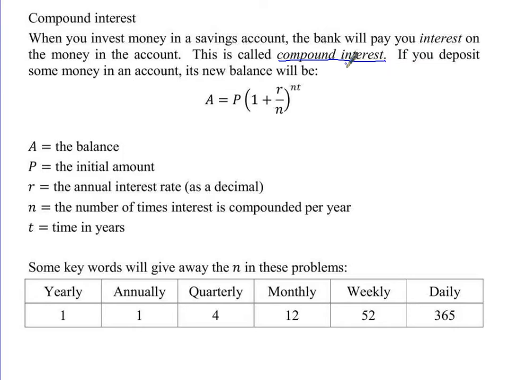That's called compound interest. If you deposit some money in an account, the new balance will be, so here's your balance right here, the new balance will be P, which stands for the initial amount. Actually, in banking terms, P stands for principal. So let's put that down there.